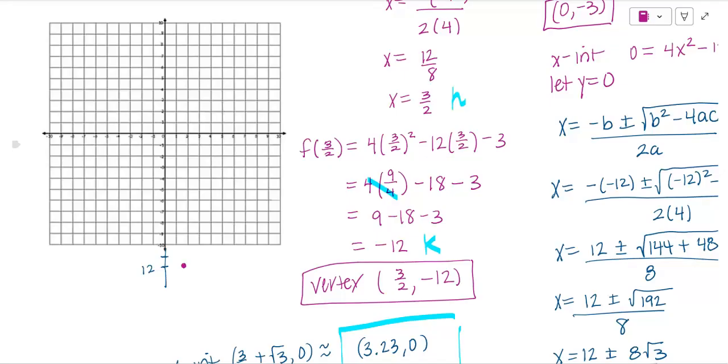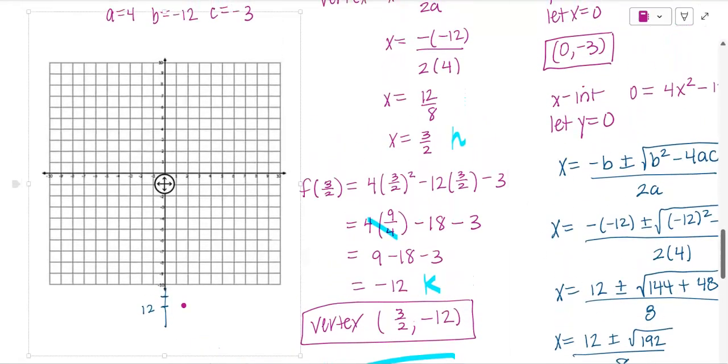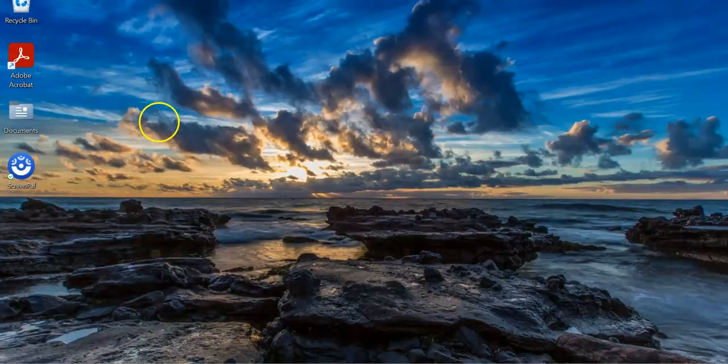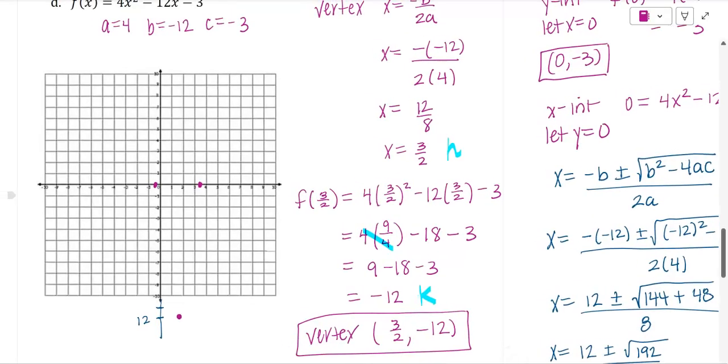My x-intercepts are at 3.23, so maybe here-ish, and negative 0.23, so over here. And then our y-intercept was at negative 3, so here.